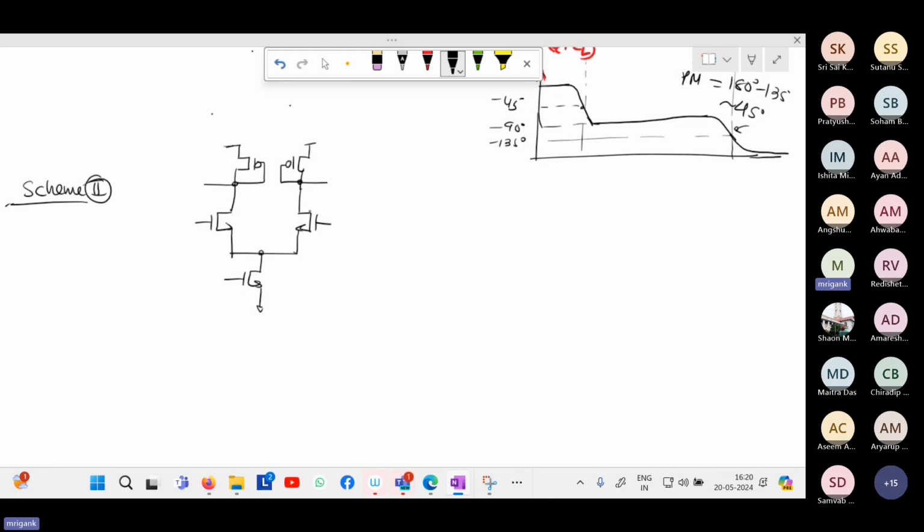This is your differential amplifier with the diode connected load. We have discussed this yesterday. So the gain from the first stage is not going to be much.